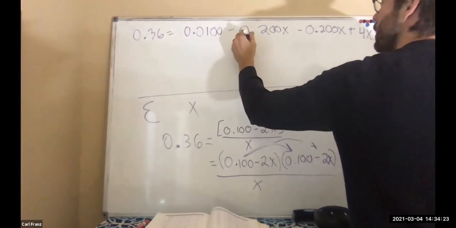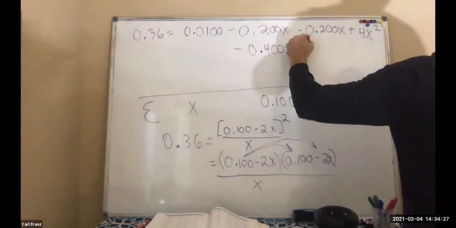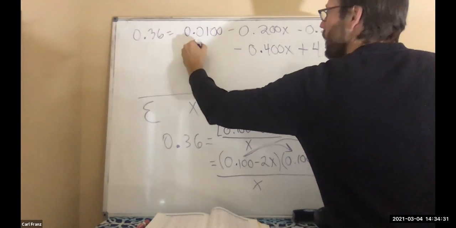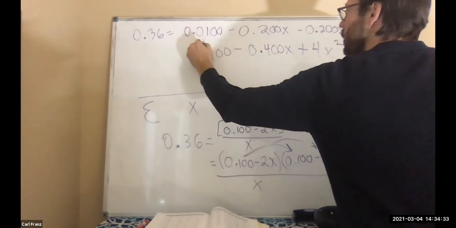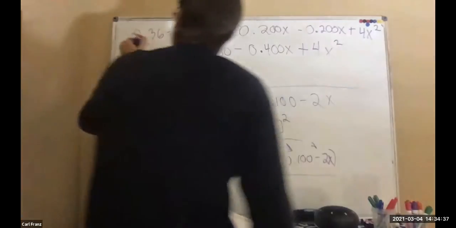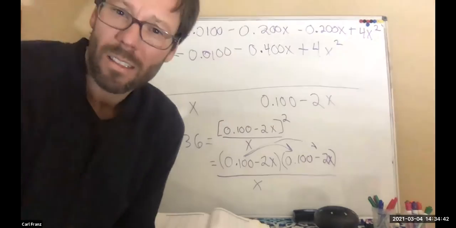That's a -0.4x plus 4x squared, 0.0100. All right, does that look right to you guys when you distribute that? Yes. Okay.